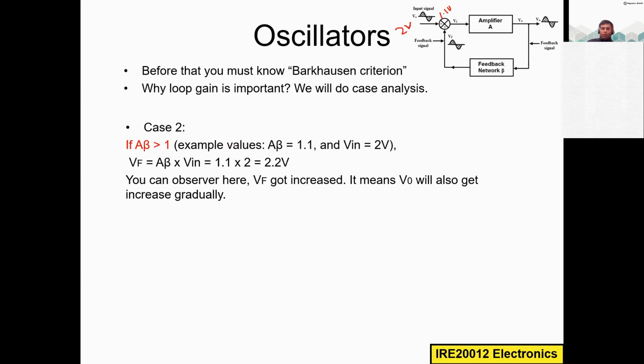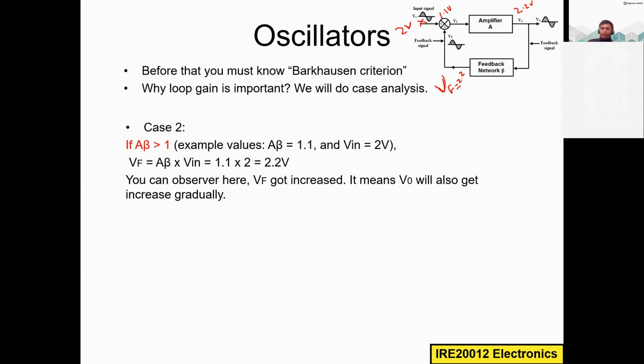According to the formula, VF is A beta times V in, so 1.1 multiplied by 2 volt. That is 2.2 volt, right? This is the VF. So we are applying 2 volt, but we are getting 2.2 volt at the output.